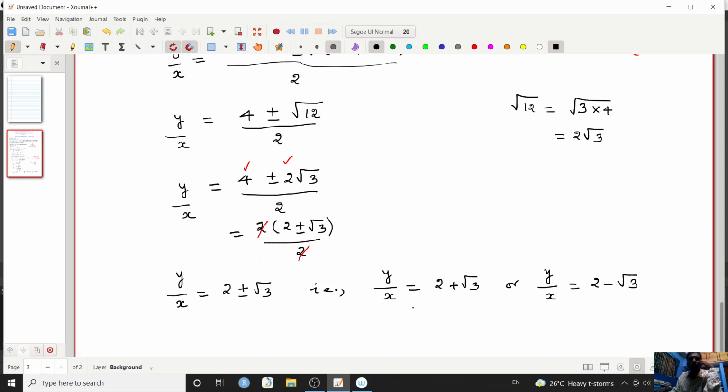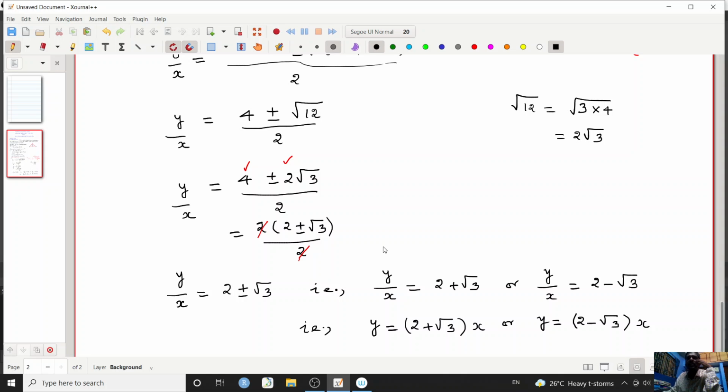So these are the two separate equations. You can write it this way also: y is equal to (2 + √3) times x, or y is equal to (2 − √3) times x.